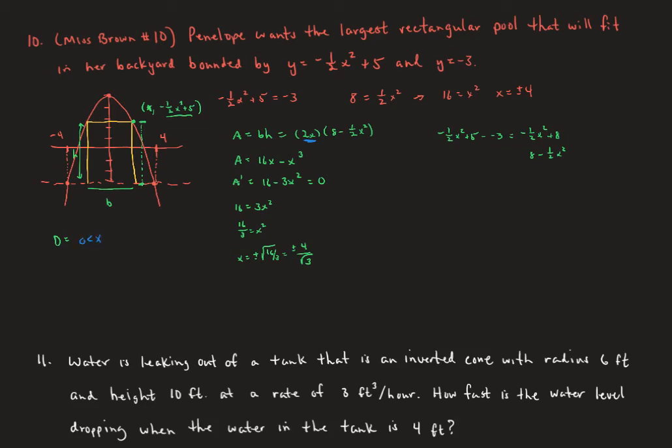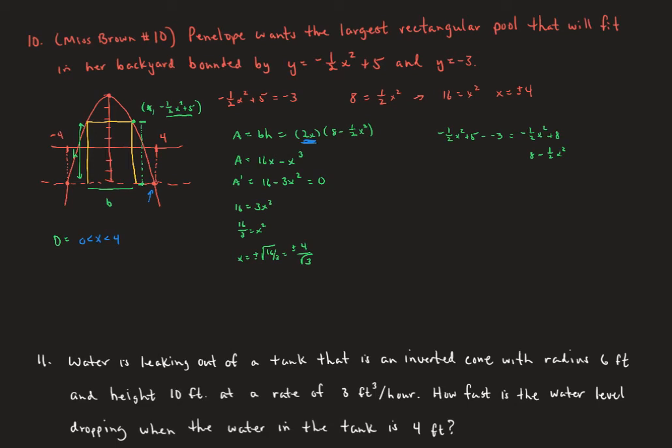It's also got to fit inside of this little region in our backyard there, which has a largest x value of 4. Now, whether it could actually be 4 or 0 is maybe a little bit of a philosophical discussion. If x was equal to 0, it would tell us that we have a base of 0. I don't really think that's going to be much of a swimming pool.